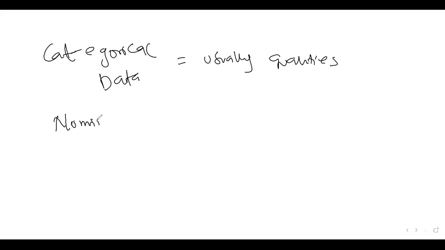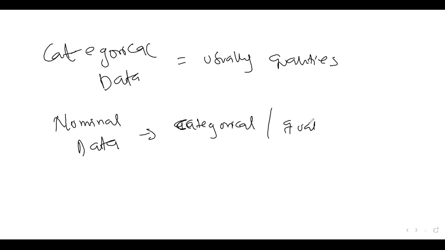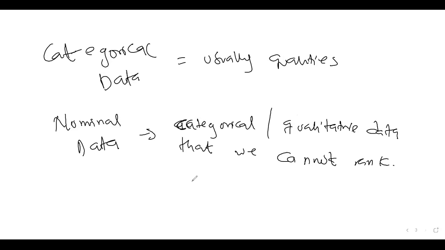So nominal data is any categorical or qualitative data that we cannot rank. So for instance, somebody's gender. Data on gender, male or female, we cannot rank.